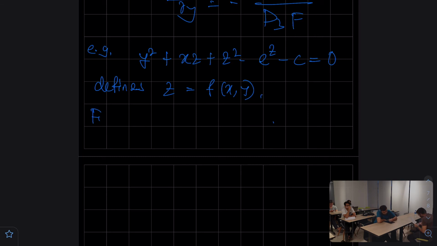Find c such that f of 0 is equal to 2, which basically means z equal to 2.